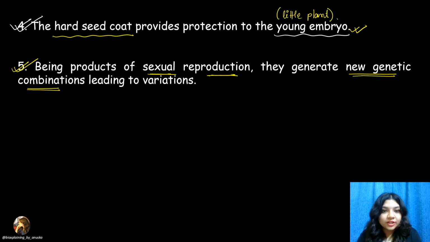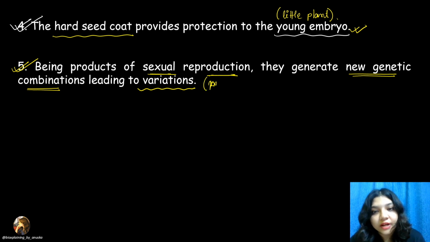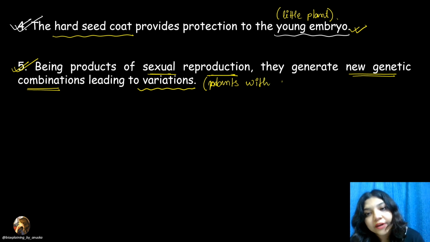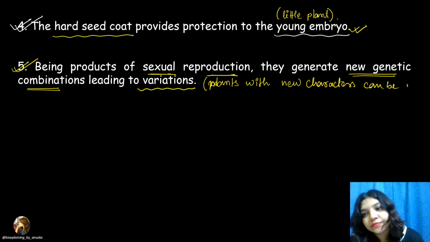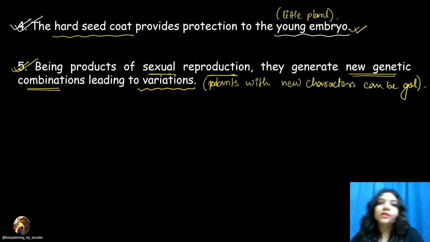New genetic combinations giving rise to new characters. As a result, हम लोग क्या कहते हैं कि it gives rise to variations. Right? That means plants with new characters can be got. Is it proper?